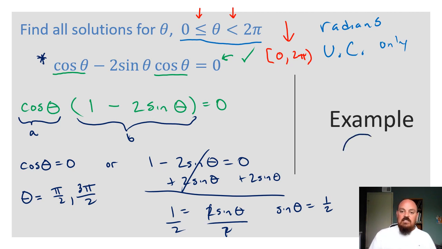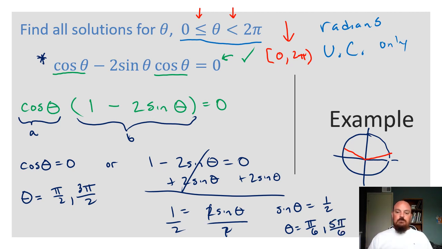If I draw a little sketch here just to show you my line of thinking. The two places where sine equals positive 1/2, if sine is positive, it's up. 1/2 would be like the first step up on either side. So you're going to get two more answers here. That would be pi over 6 and 5 pi over 6.